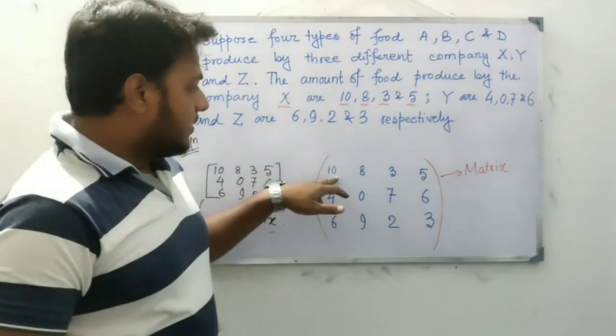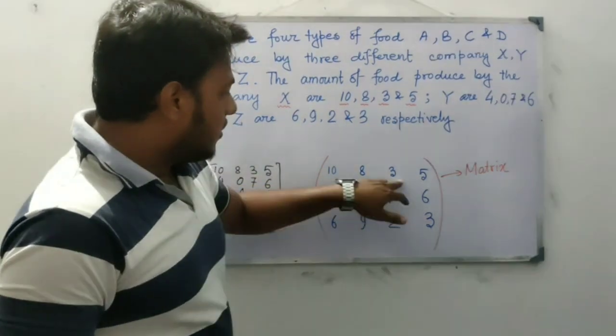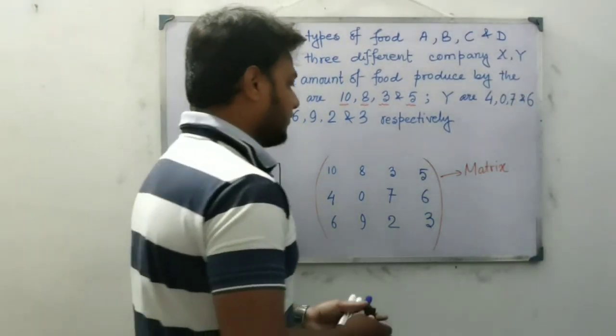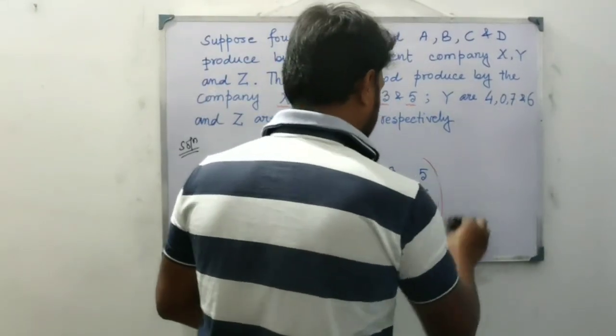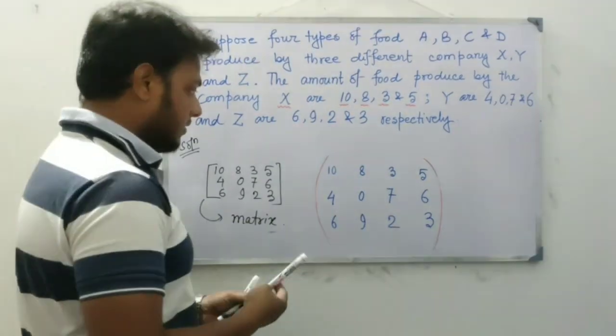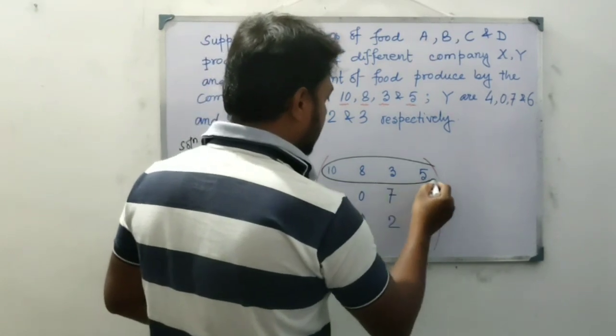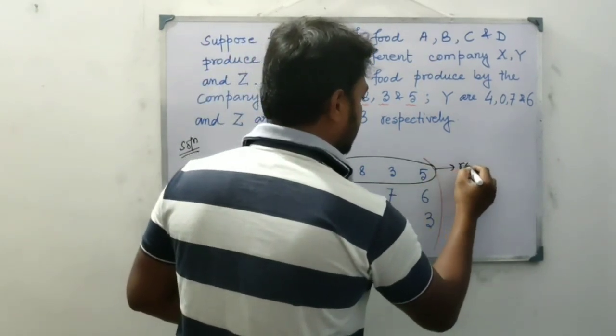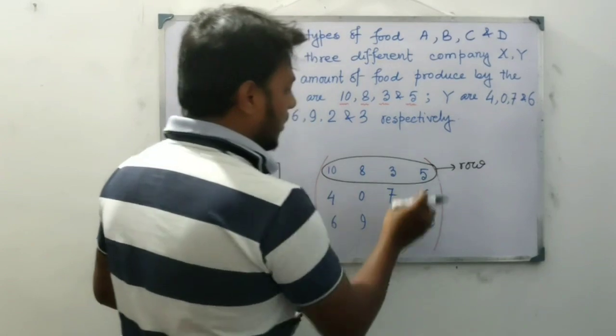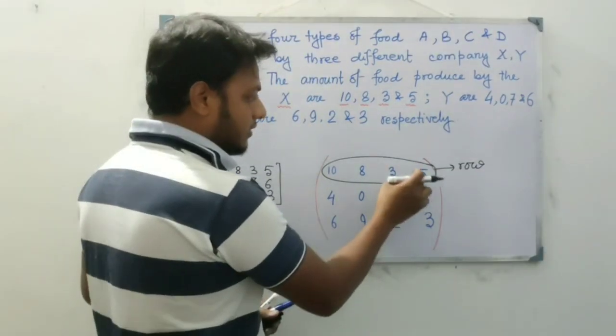What is order? So look at the whole. If you consider this matrix, then these are called rows. In this matrix, these are called rows. So how many rows are there in this matrix?